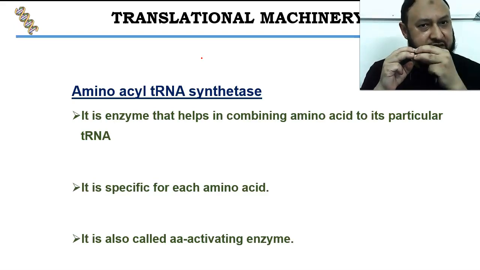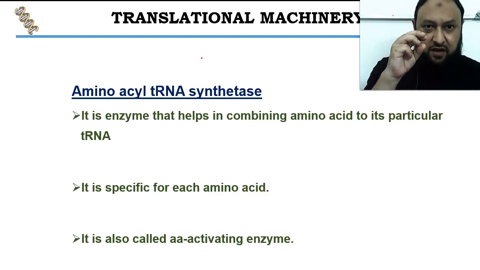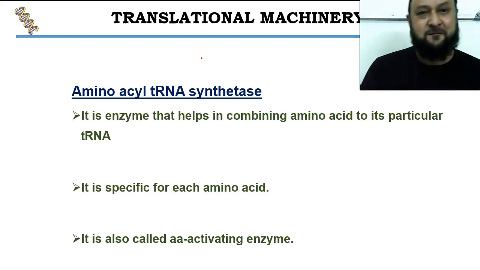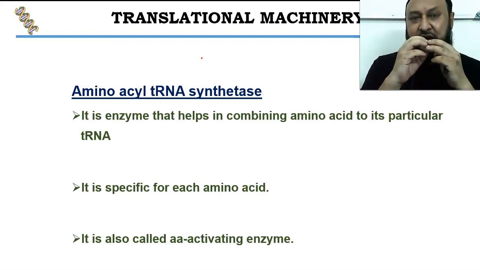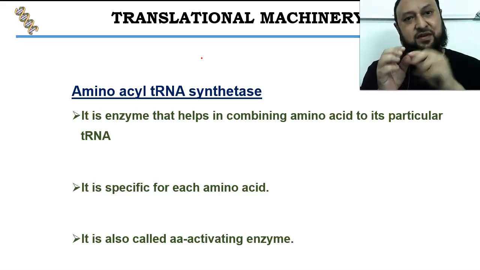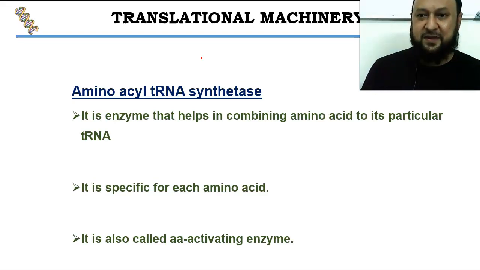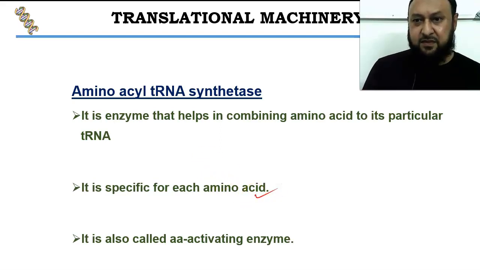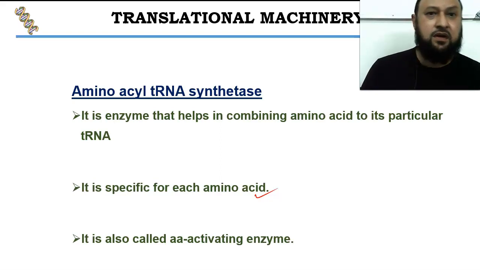Accordingly, the amino acid will be charged, and the charged amino acid along with the tRNA goes to the ribosome and searches the mRNA, and if the anticodon matches the codon, then it will form the polypeptide chain, right? It is specific for each amino acid, as I told you. It is also called AA activating enzyme, amino acid activating enzyme. Instead of saying tRNA synthetase, we can call it amino acid activating enzyme.